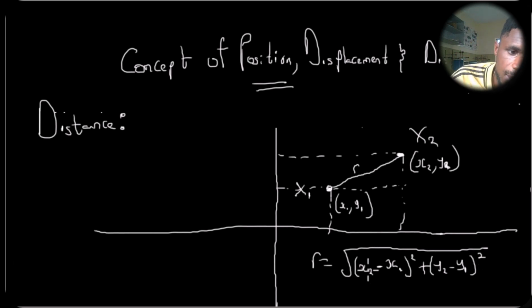So that's how we find our distance, in as much as there's no turning point in 2 dimension. If there are turning points in 2 dimension, then we cannot use this formula. Then we have to use either the area of our shape when we talk about a vector graph, or we just calculate our distance in sections, like what we did in 1 dimension. But not to worry, we'll do all these examples when we talk about interpretation of our xt and vt graph.